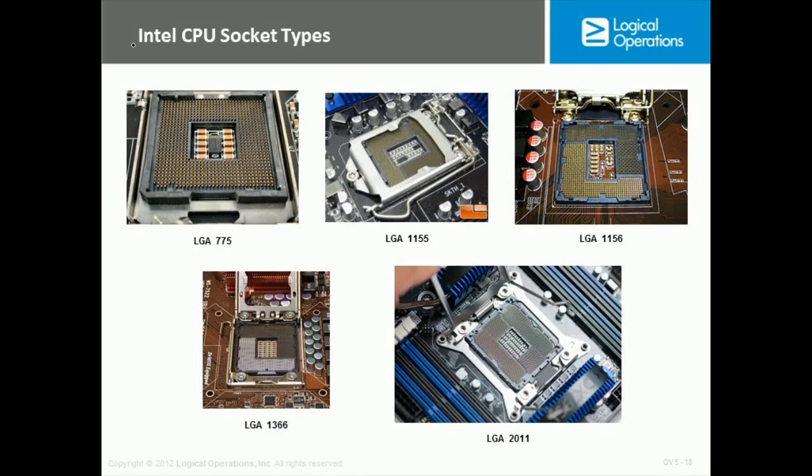Now, Intel has a number of different chipsets, I guess is what we'd actually call it. Basically, they all fall under the idea of a grid array. As you can tell, I have a series of pins going both horizontally and vertically, sometimes in a square fashion. That's the grid array that they're talking about.